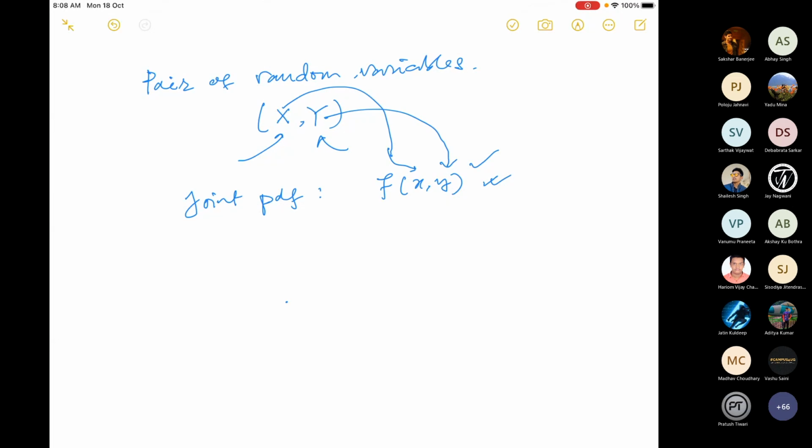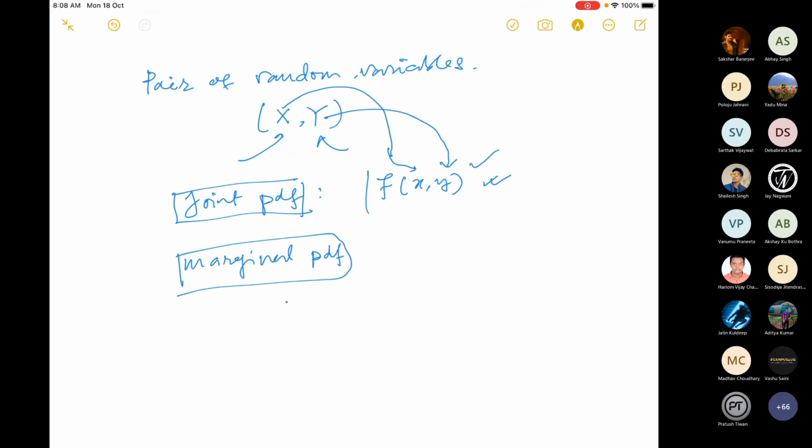And then we said, okay, if we know this joint PDF, from there we can calculate what is called the marginal PDF. If this is the joint PDF, then we can calculate g of x.